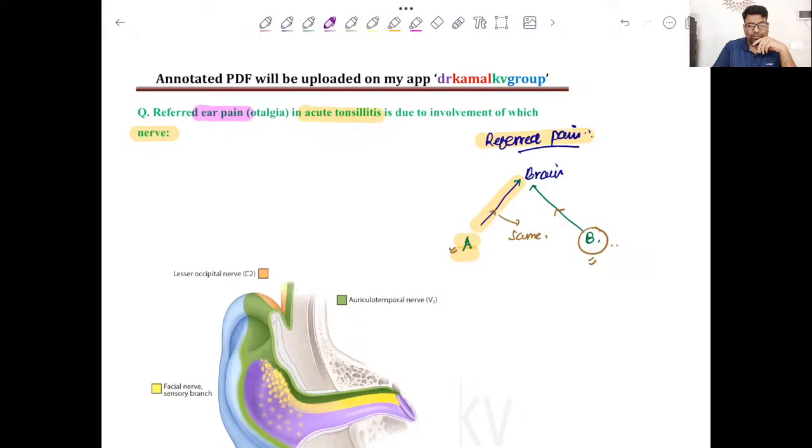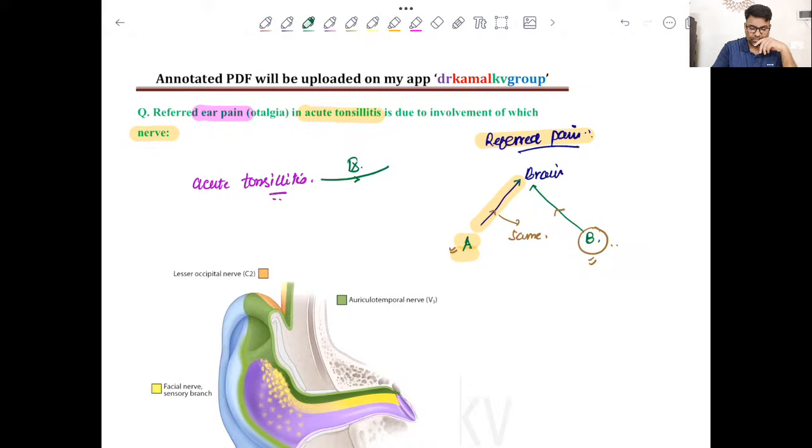Now coming back to the question, here the patient is having acute tonsillitis. So there is an origin of pain because of the inflammatory process in the tonsil, and from here it is the ninth nerve which takes away the sensations of pain.